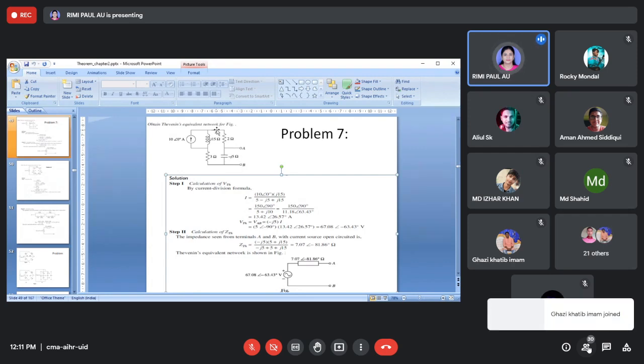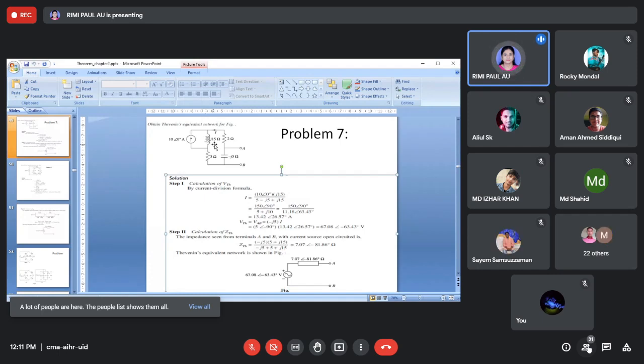By the current division rule, it is total current into the opposite impedance, that means the inductance. So 10 angle 0 is the total current, the opposite impedance is J5, divided by the total impedance, J15 plus 2 plus 3 minus J5. Sorry, J5, not J15. So you can find this branch current. The branch current is 13.42 angle 26.57 degree ampere.